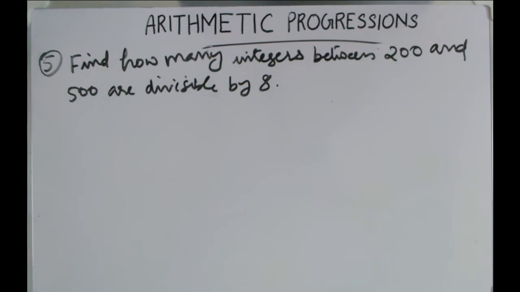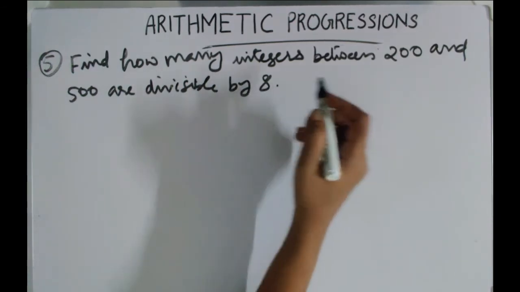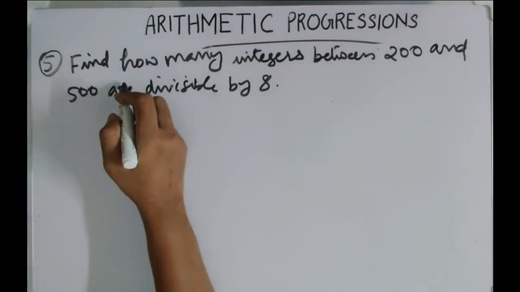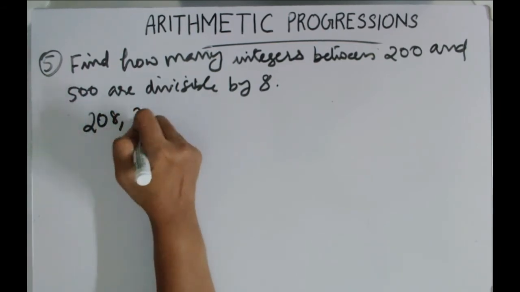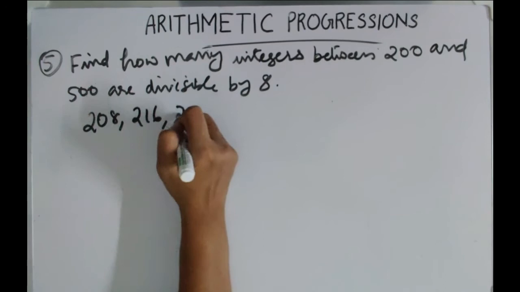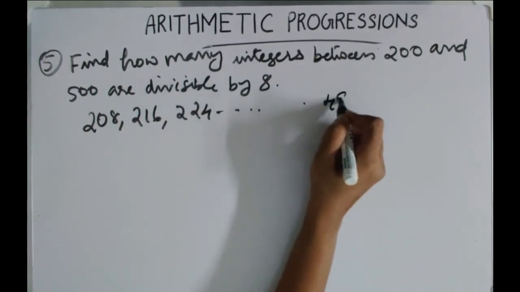Fifth question: find how many integers between 200 and 500 are divisible by 8. The numbers divisible by 8 between 200 and 500 are 208, 216, 224, etc., 496.